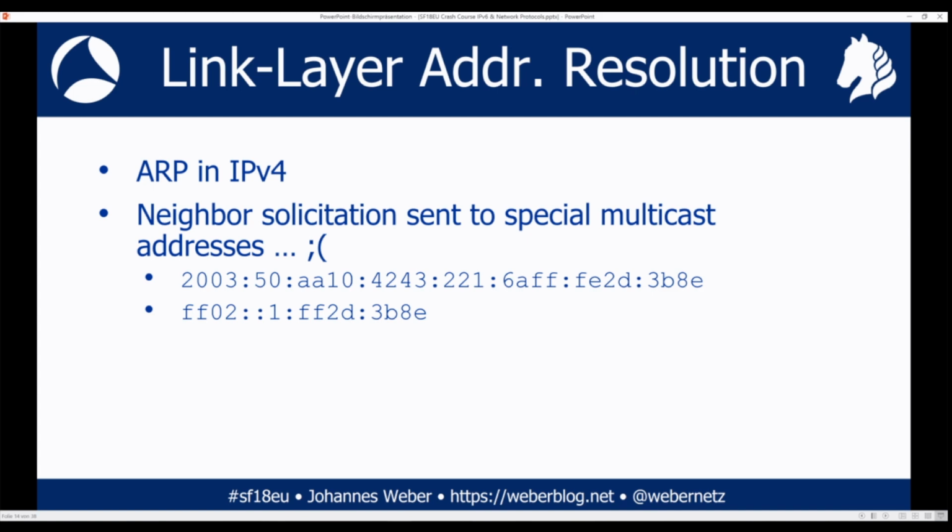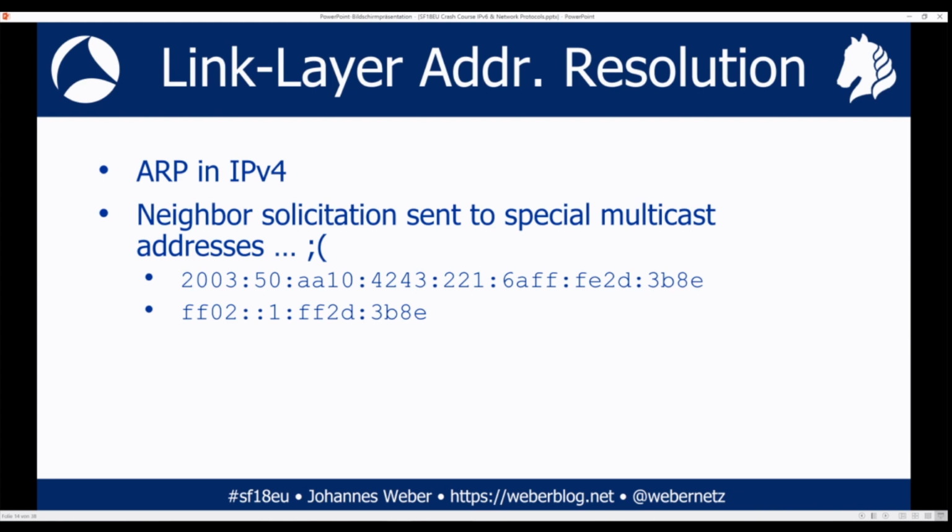It is sent to a special multicast address. This is different, because for IPv4, you had ARP sent to the broadcast, and someone replied. Here, we have this example. This is the IPv6 address that the first client wants to know the MAC address of.